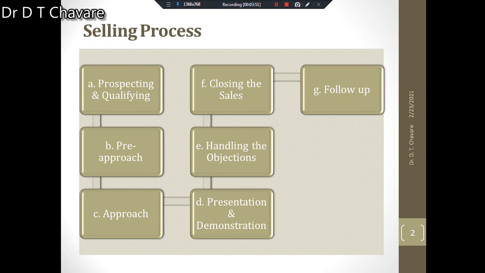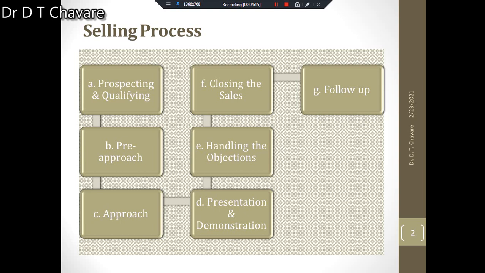Try to understand. Then another formula is also used for making sales effectively. What formula is there? AIDAS formula. This formula is prepared by taking the first alphabets of each term included in the formula.